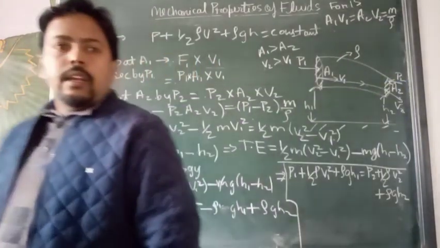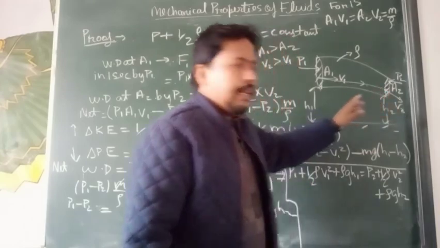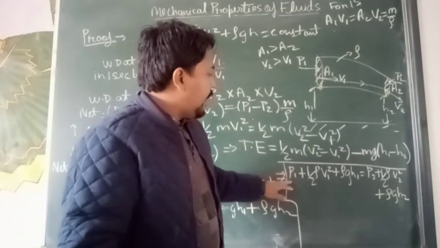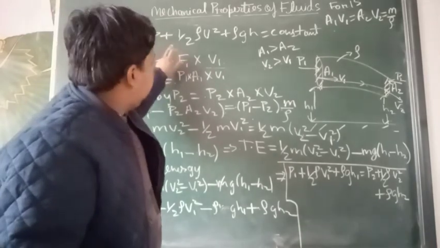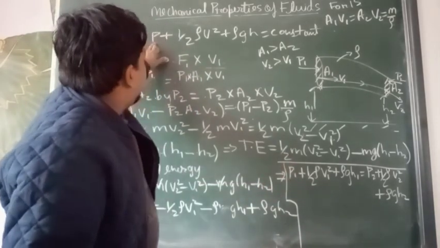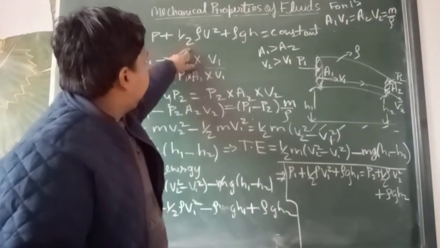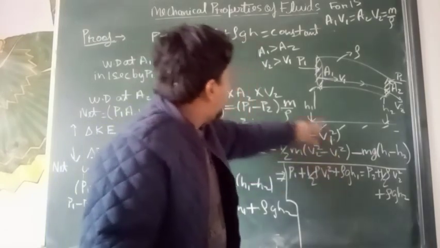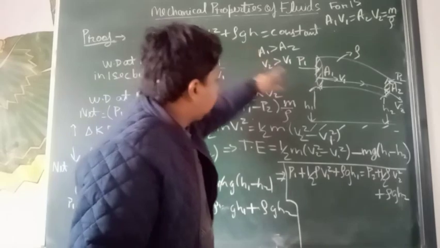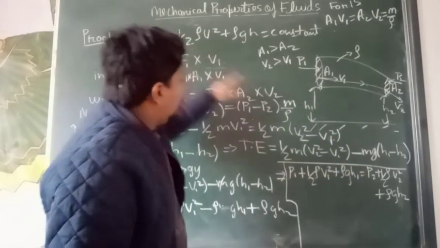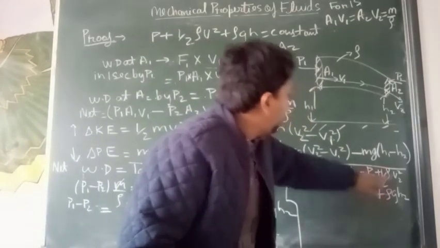Thus you can see that for two different cross-sectional areas at two ends, we have proven that it comes in this format. This stands for the pressure energy per unit volume at the first end, kinetic energy per unit volume at the first end, and potential energy per unit volume at the first end. Similarly for the second end, the same format comes: P2, half rho V2 square, and rho g h2.